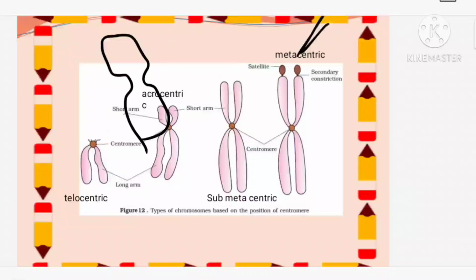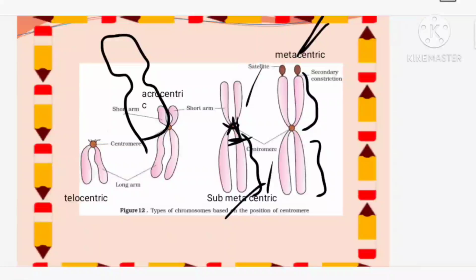This is metacentric, you see, the length on both sides is somewhat equal. But in submetacentric, the constriction is a bit away from the center, so one arm will be a bit longer than the other.